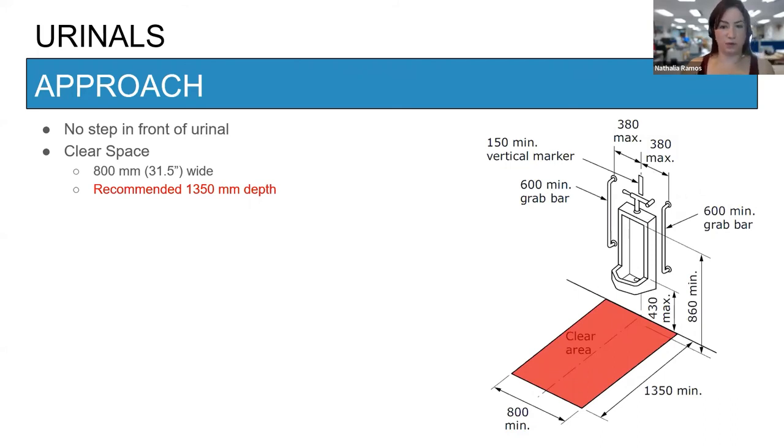Speaking about approach, you can't have any steps in front of the urinal, and you have to have a clear space of 800 wide, and it is recommended that the depth would be 1350 millimeters in front of the urinal.